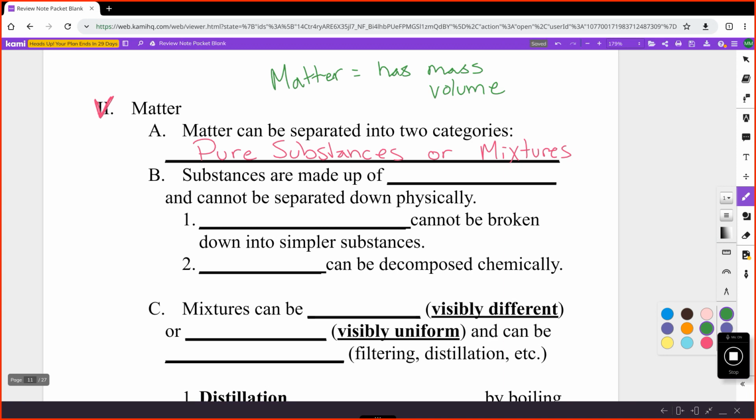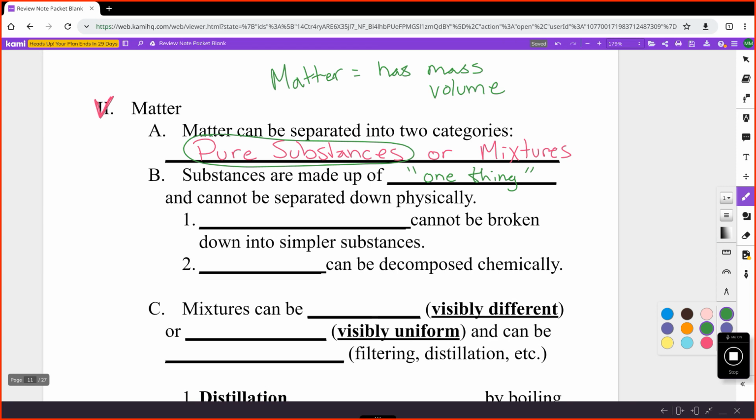So we can break down our pure substances into two further categories. The main concept, though, of a pure substance is that it is made up of one thing, one type of thing. All right?